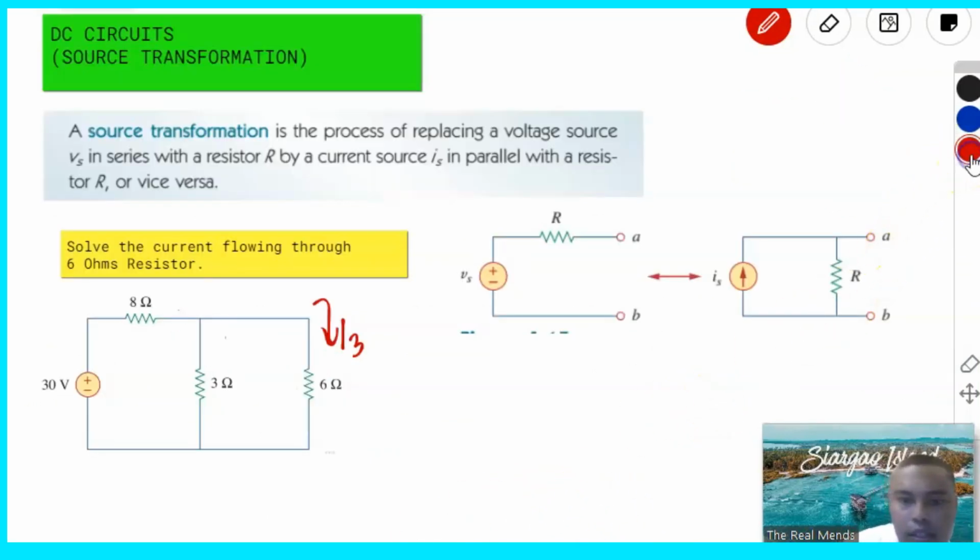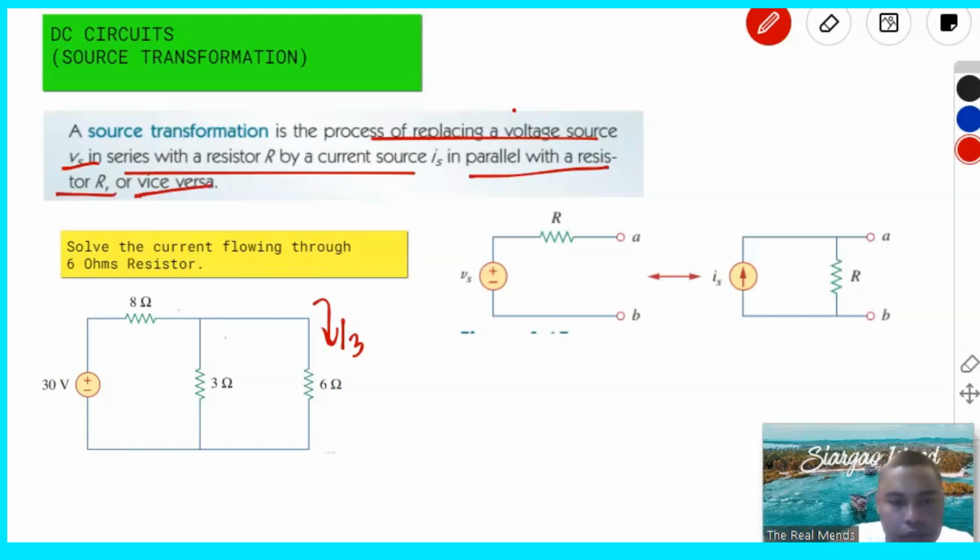Last is the source transformation, in which it is a process by replacing a voltage source Vs in series with the resistor by a current source Is in parallel with the resistor R, or vice versa. Okay, so from this explanation, we have this simple source. We have one voltage source and then resistance.